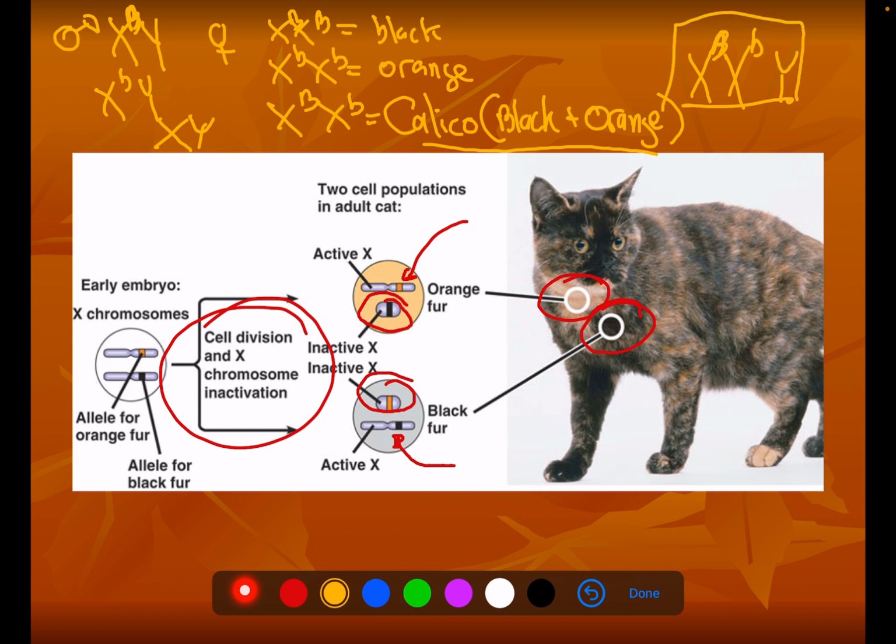It's like the human condition, right? Where you have non-disjunction, a syndrome, Klinefelter syndrome. There's cat versions of that. So whenever you come across a calico cat, pick it up, inspect the cat. It might be a male, and that cat is very valuable. They're rare cats.